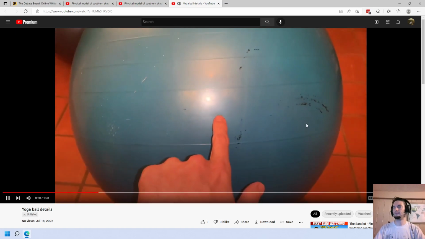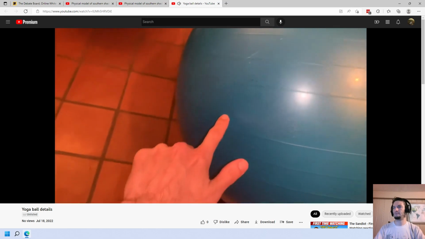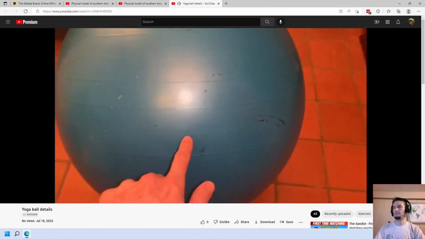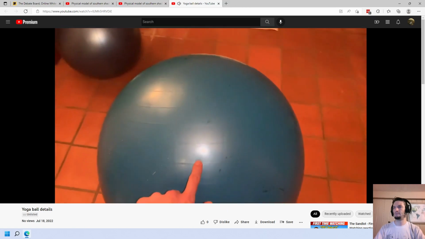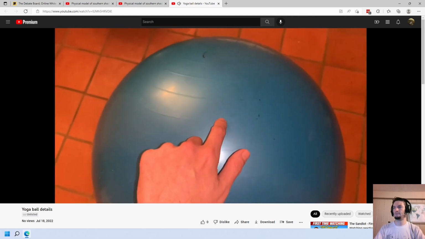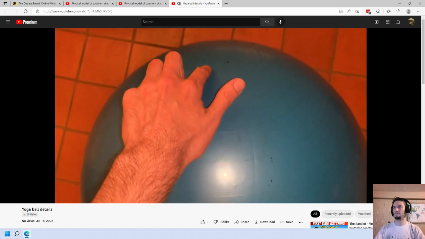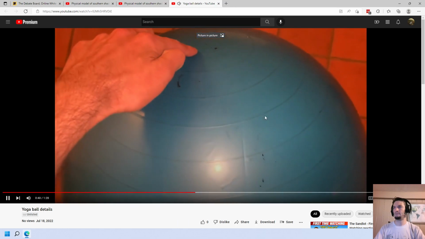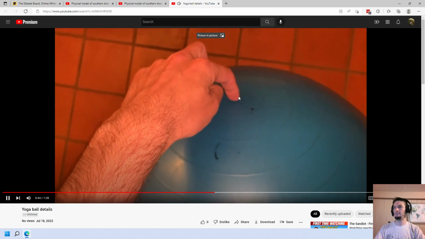The equator is a very faint ring around the center of the yoga ball. And north and south of the equator, there are 1, 2, 3, 4, 5, 6, 7, 8, 9, 10, 11 rings. And then you can say that there is a 12th ring at the very top.